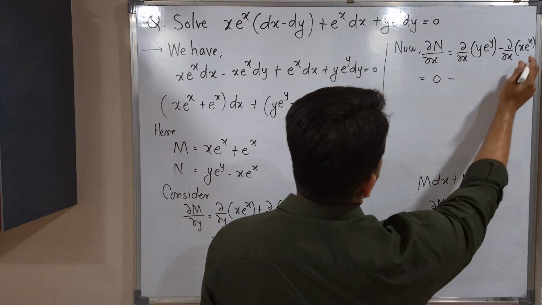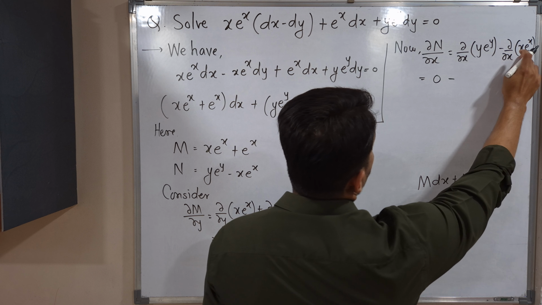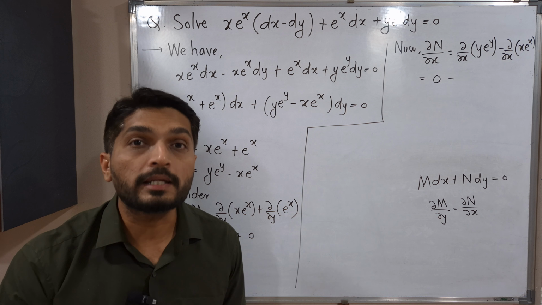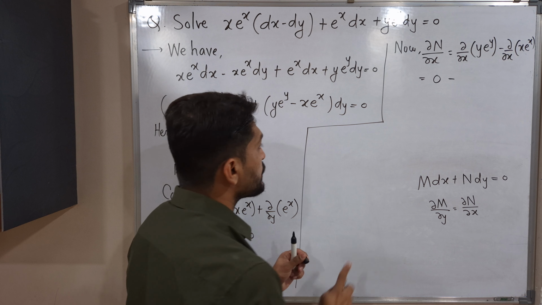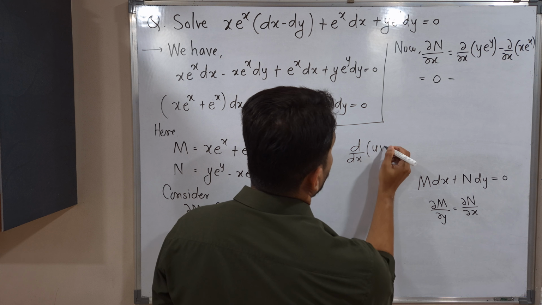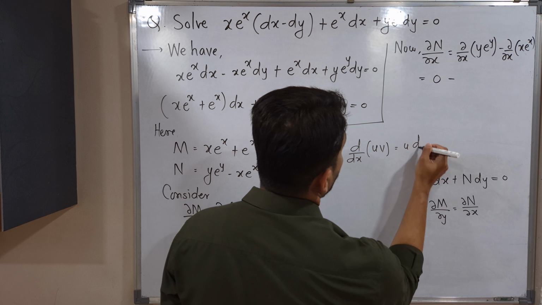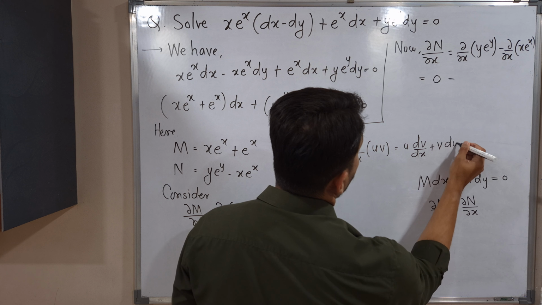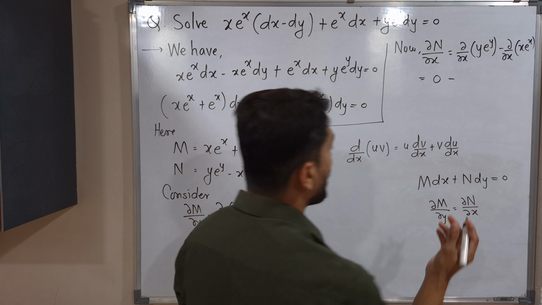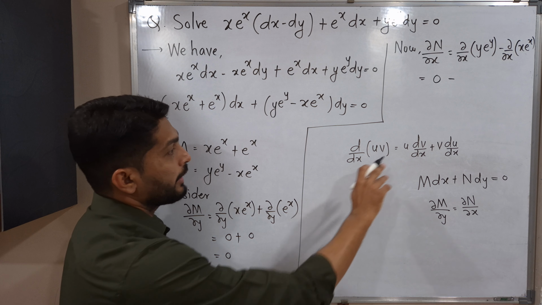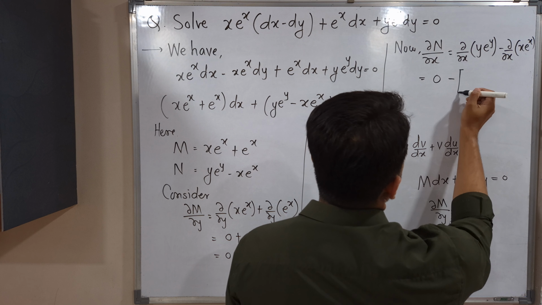Getting? Minus. See, now we have to find the derivative of x e raised to x. See, both are functions of x and there is a multiplication. So I should use this formula: derivative of u into v is u into derivative of v plus v into derivative of u. So when you have a product of two functions and we have to find the derivative, we have to use this u into v formula.